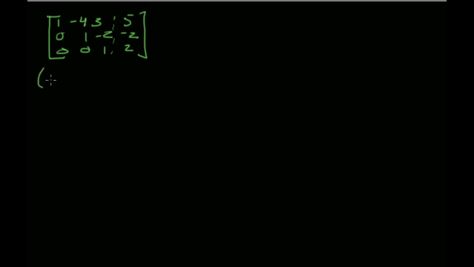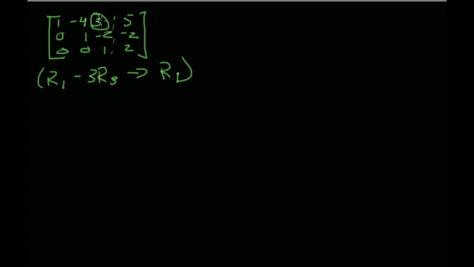Okay, so we're going to work one by hand, and then we'll probably never do this by hand again, but that's okay. Where we left off getting it to row echelon form was this augmented matrix, 1, -4, 3, 5, 0, 1, -2, -2, 0, 0, 1, 2. And then we back substituted it. But we can go a little bit further. We can take row 1 and subtract 3 times row 3 and substitute that back into row 1.